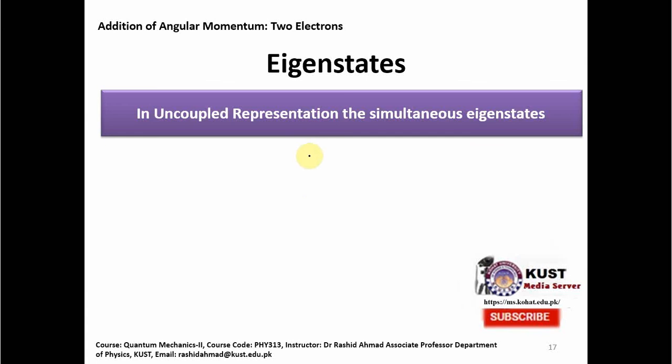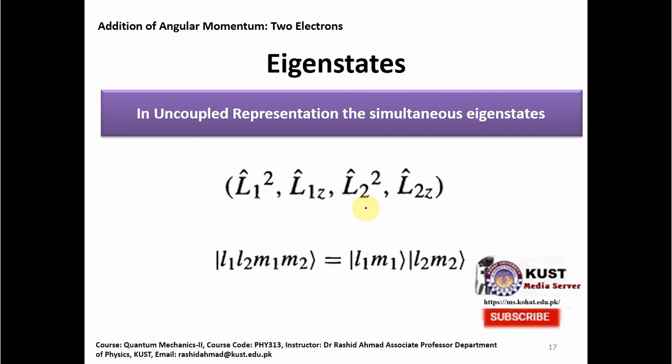So in the uncoupled representation, the simultaneous eigenstates, for example this set of operators, is a complete set of operators: L1 square, L1z, L2 square and L2z, and the final state is formed from the product of these two basic states.